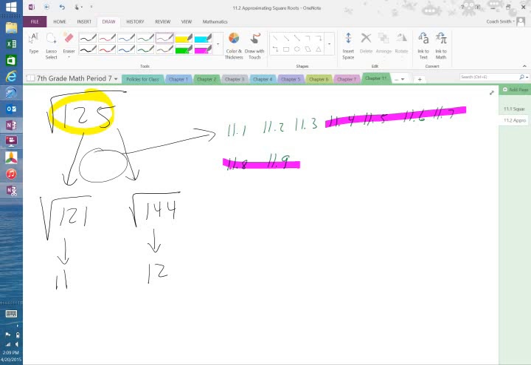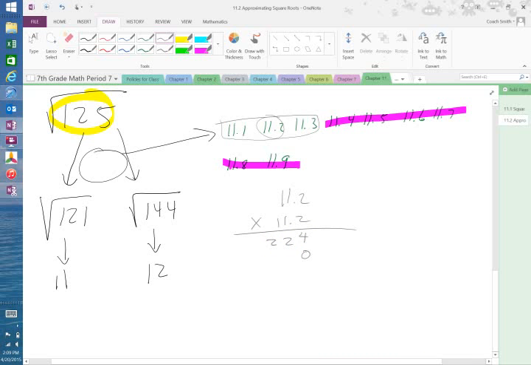So once again, we're looking at these three numbers. Well, I just always pick the one in the middle and try it. So 11.2 times 11.2. That would be 4, 2, and 2. Bring down a 0. That would be 2, 1, 1. Bring down 2 zeros.